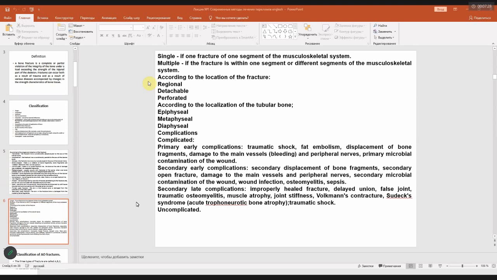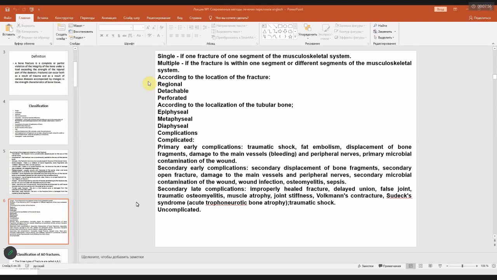Secondary early complications: secondary displacement of the bone fragments, secondary open fracture, damage to the main vessels and peripheral nerves, secondary microbial contamination of the wound, infection, osteomyelitis, sepsis.